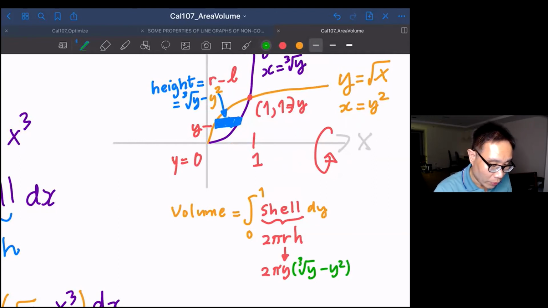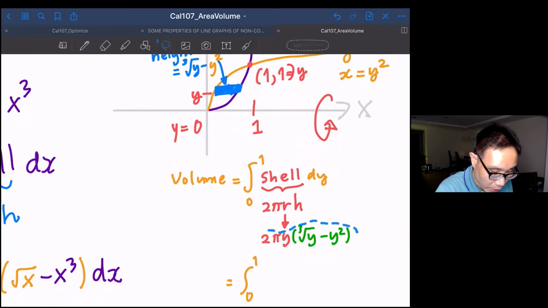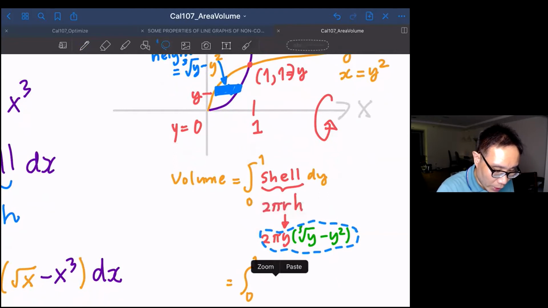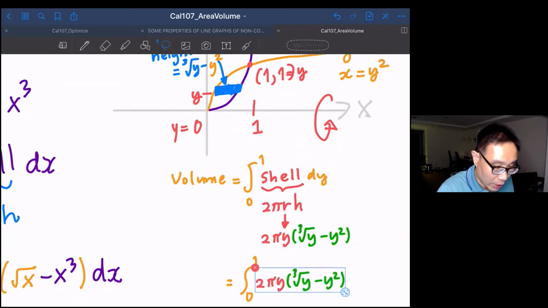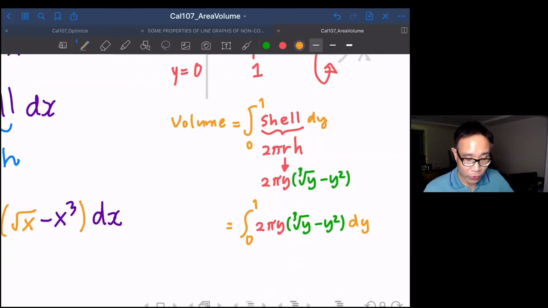Okay, so this is the volume that we're gonna write as the solution. So it's going to be integral 0 to 1, and you would just copy this and put it here, dy. Okay, so this is your final answer for this volume.